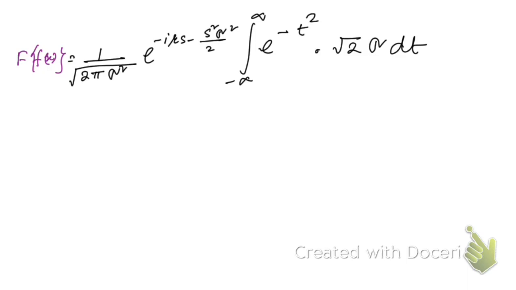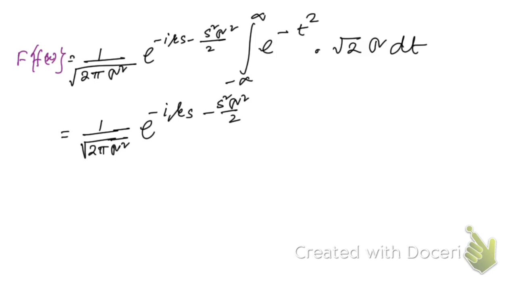Okay, so now you see, 1 by root over 2 pi sigma square, e to the power minus i mu s minus s square sigma square divided by 2. Then again this is t square, that's why this is gonna be an even function, so we can write this one here like this. Let me rearrange it. Let me write the s square properly.